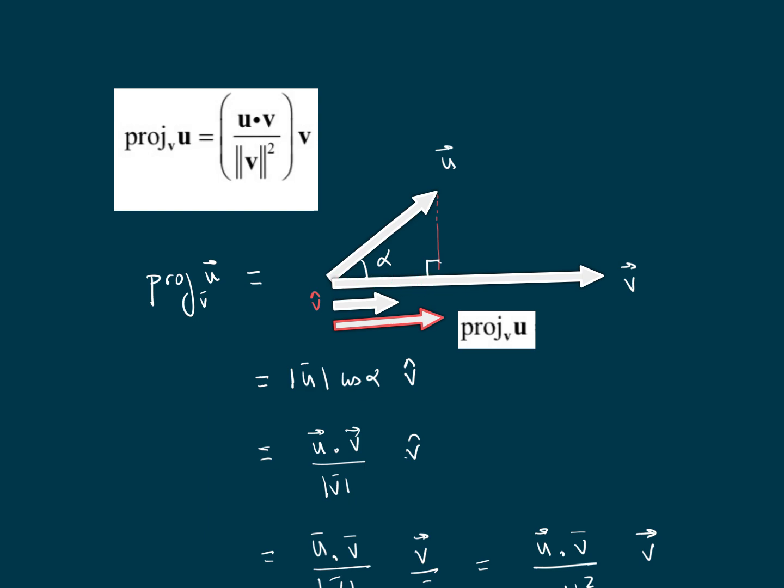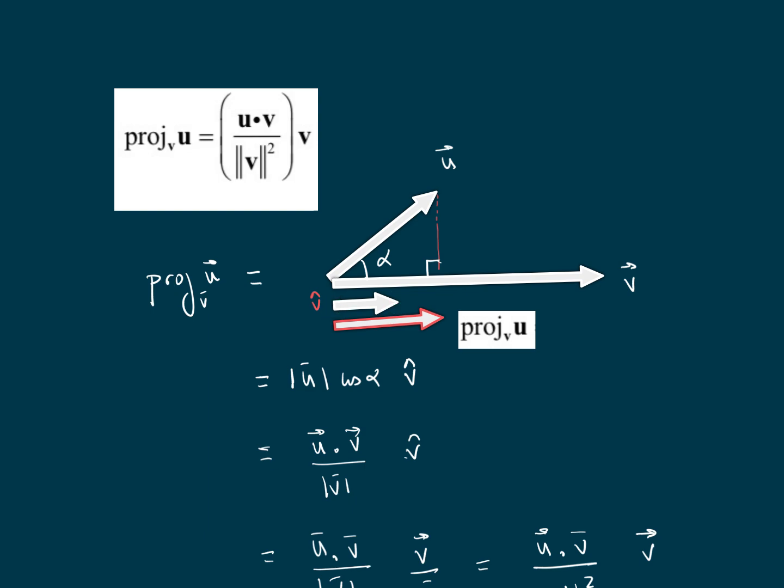But the projection of U onto V means a vector. Which vector? This vector. The vector that has the length of the projected vector U onto V and the direction of the vector V. So it has the direction of the unitary vector V. As a conclusion, this is the unitary vector V, which has unit 1.